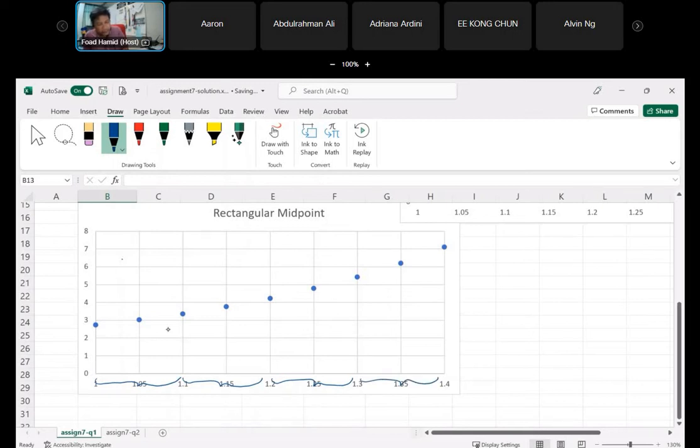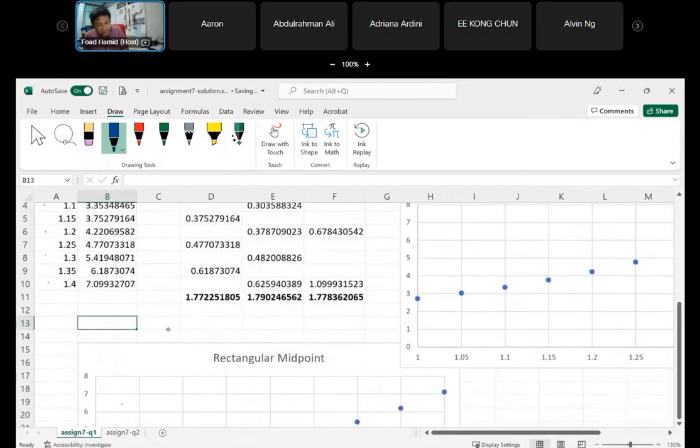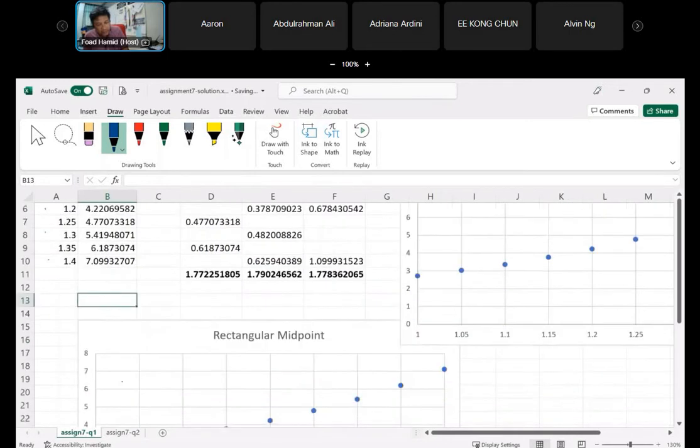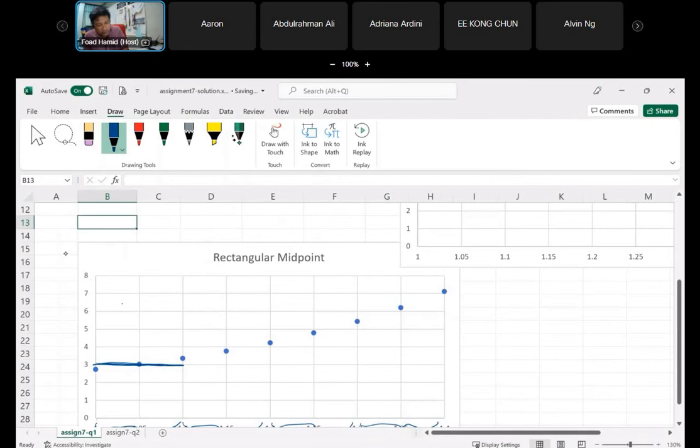What we need to do is find the area for this first interval, and I'm using the midpoint, which is the midpoint between 1 and 1.1. This value at 1.05 is known, which is 3.011. So I need to do 3.011 times 0.1. This is the first area.